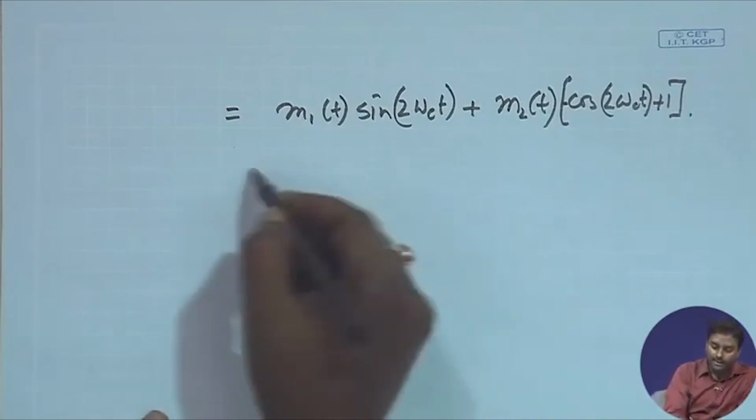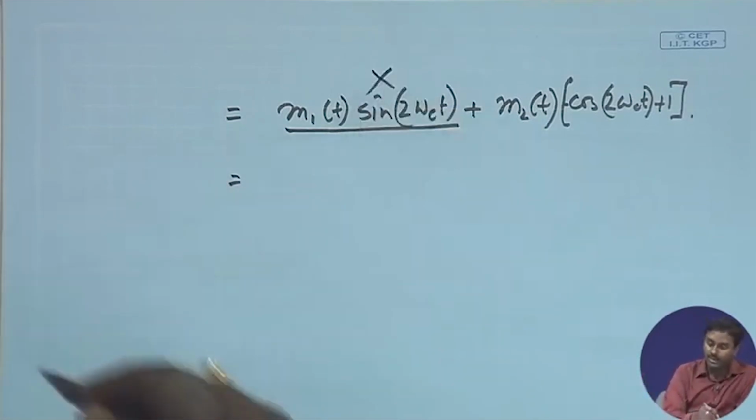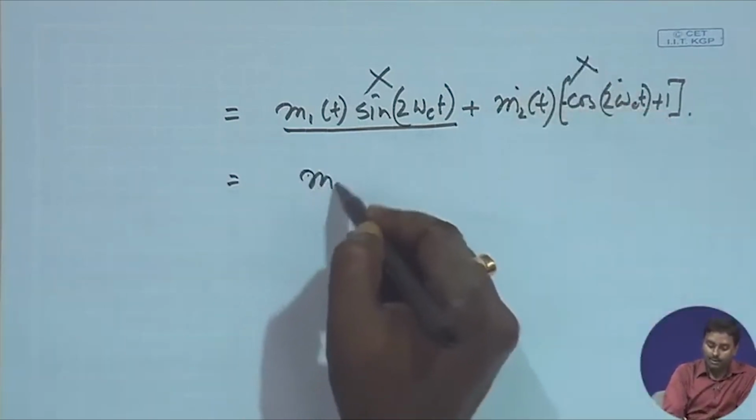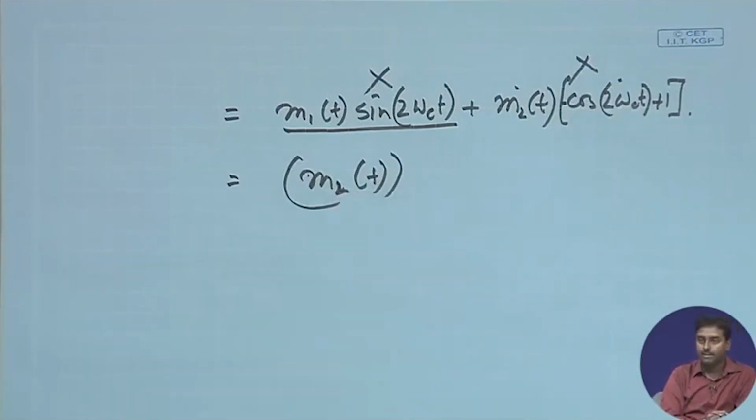So, what I get is, again this term is a modulated signal going at 2ωct, so I can neglect it, and that can be neglected as well. So, I get back m2(t) after I do filtering.